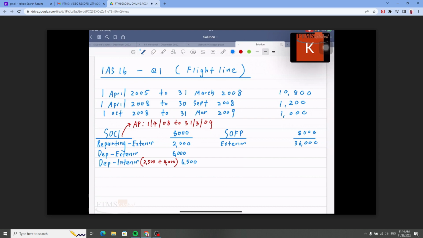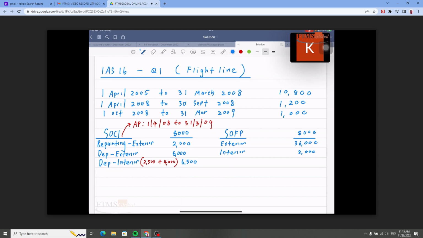Okay, then of course you can also fill in your carrying value for your interior. Carrying value is 8,000. Okay, right. So I think we are done for interior.